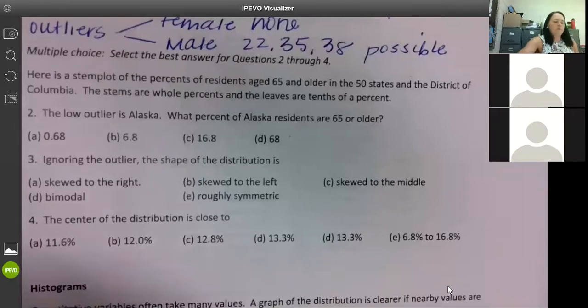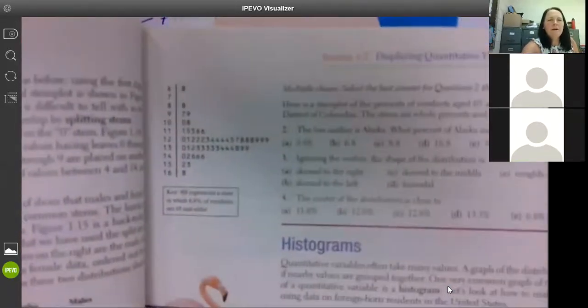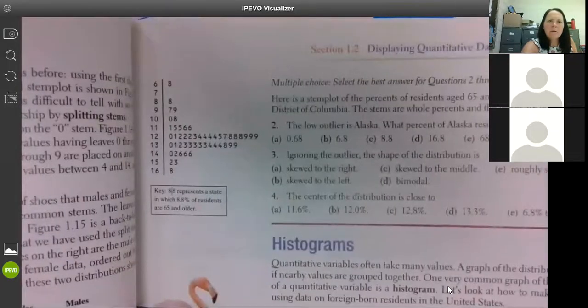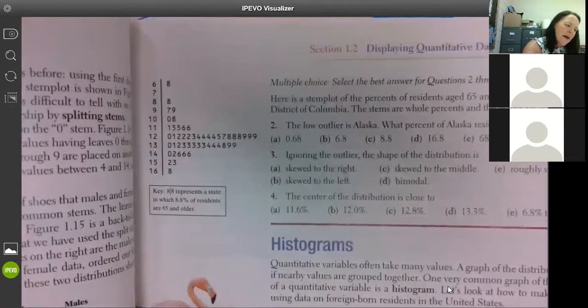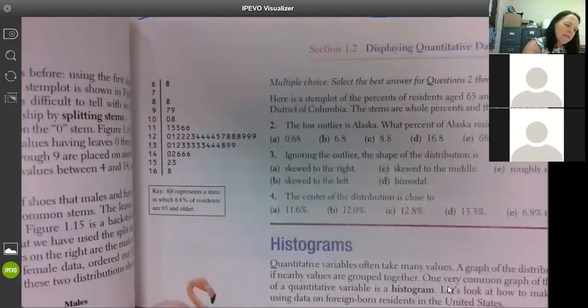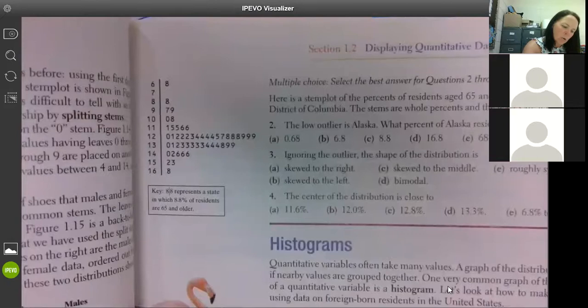There it is, and the question's right there. The low outlier is Alaska. What percent of Alaska residents are 65 or older?